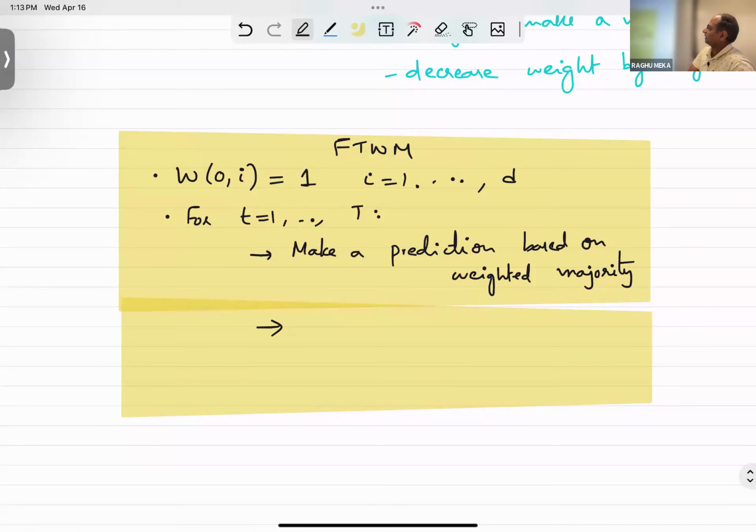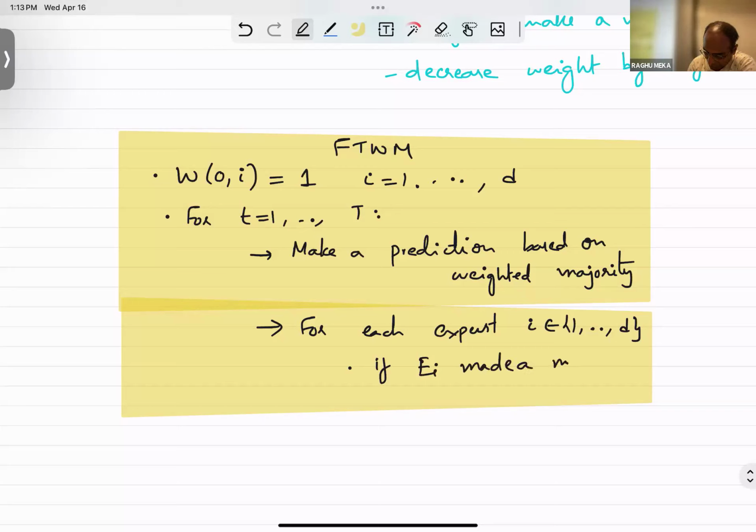And then there is the update phase, where we go to each expert and say, for each expert, if E_i made a mistake, you set W_{t,i} to a decreased multiple of W_{t-1,i}. Right?